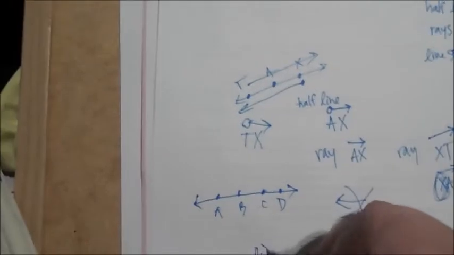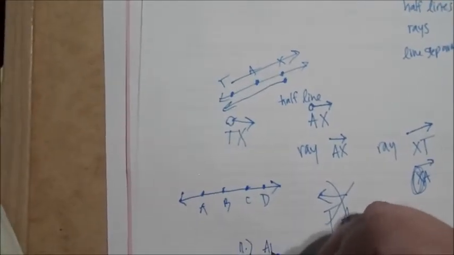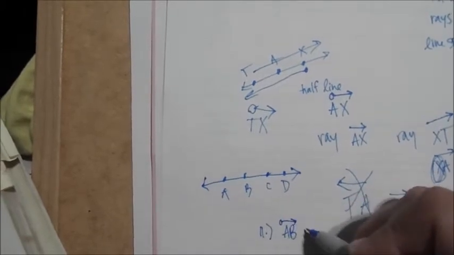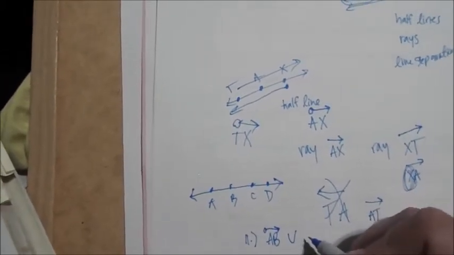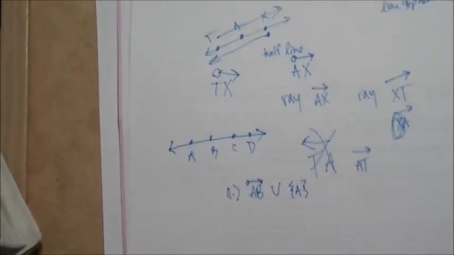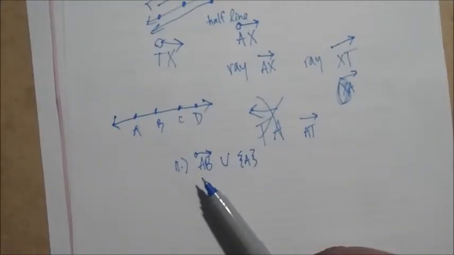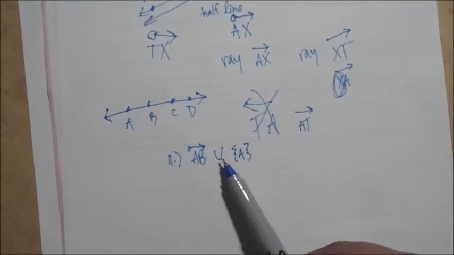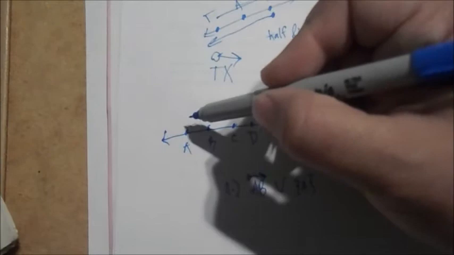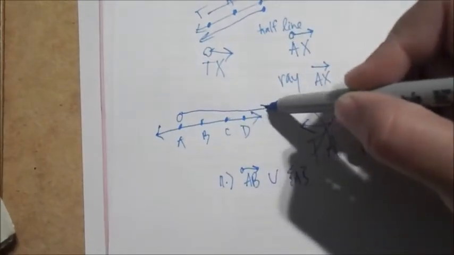Number 11 says to find half line AB, and it has the union symbol, and it has the set with A in it. So what this is saying is half line AB unioned with point A. So half line AB was like this.